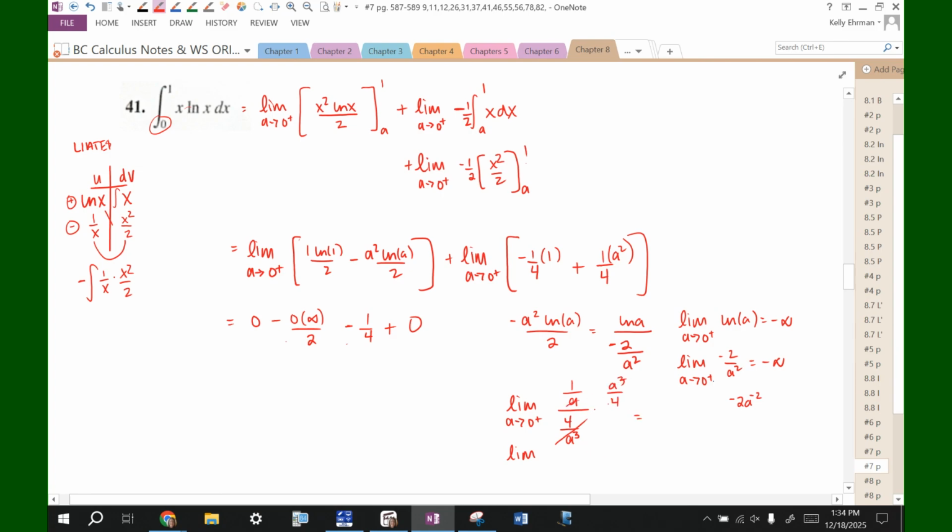So now this limit is a squared over 4. So now it's 0. Okay, so that comes out to something that converges. 0 plus 0 minus 1/4 plus 0. So I got negative 1/4.